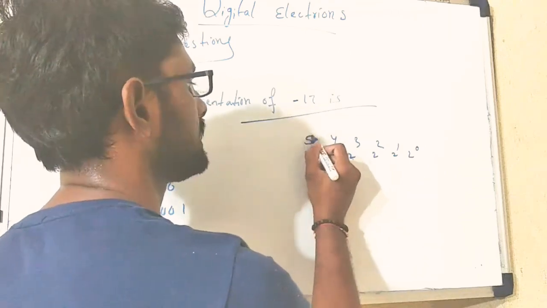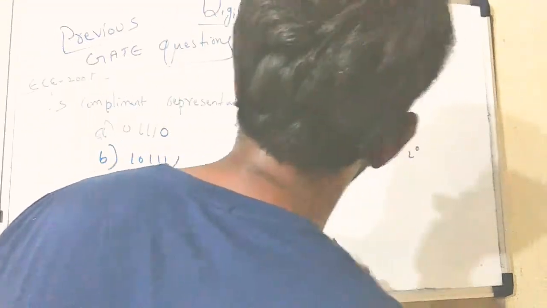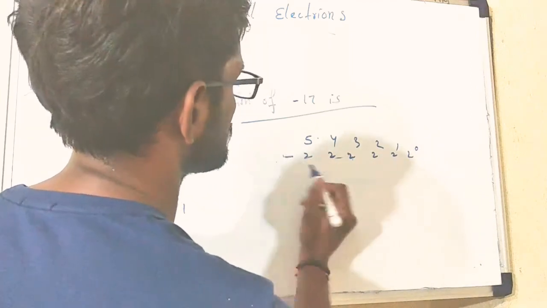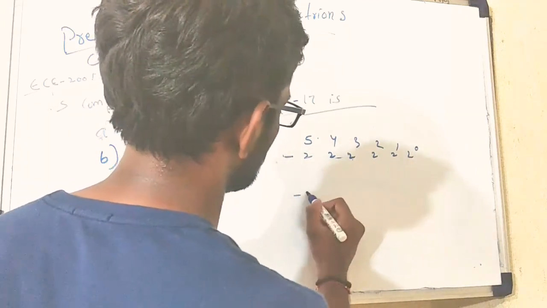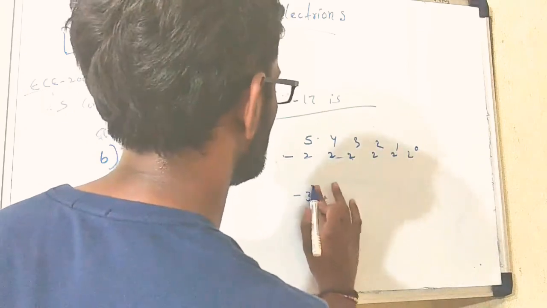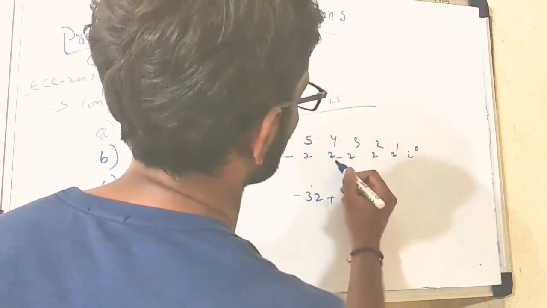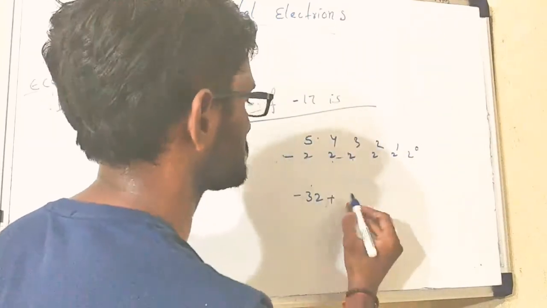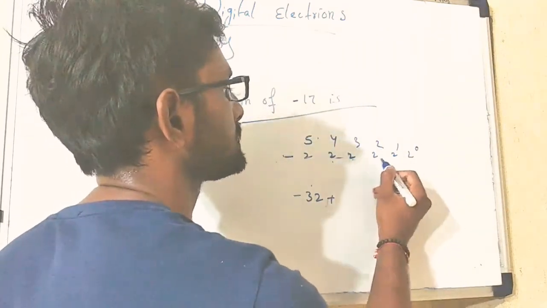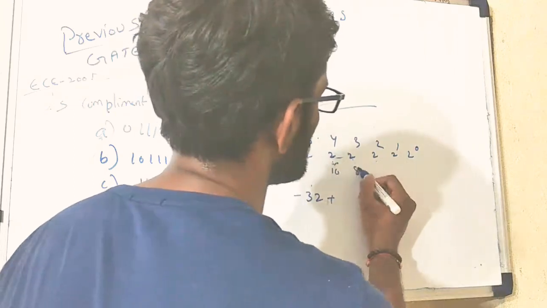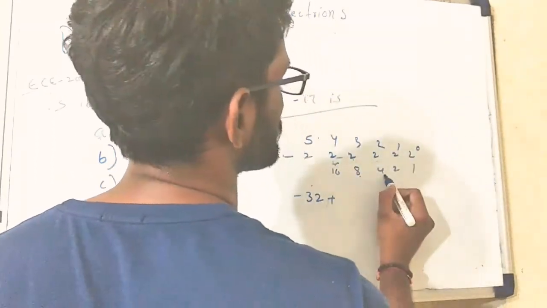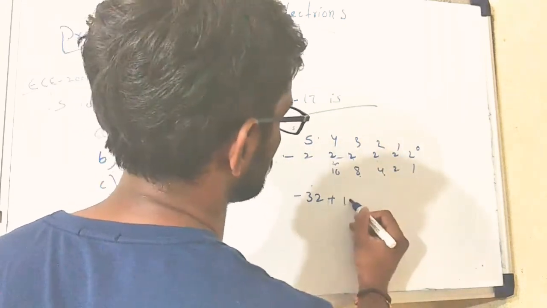So I am taking another bit also, as minus 2 power 5, which is minus 32, plus 16, 8, 4, 2, 1. 8 plus 4 is 12, 12 plus 2 is 14, 14 plus 1 is 15.